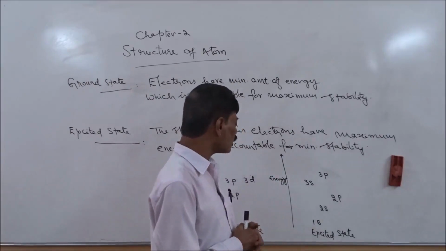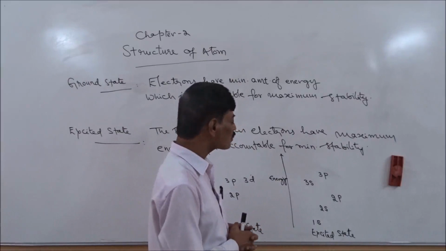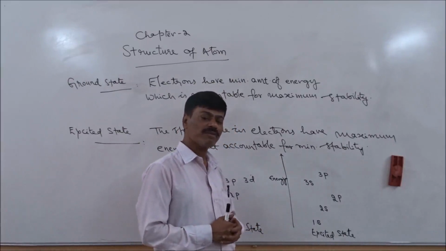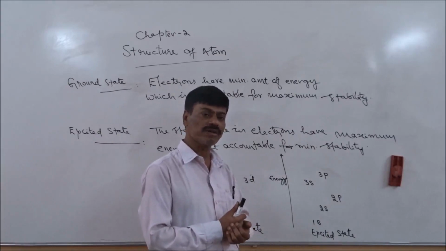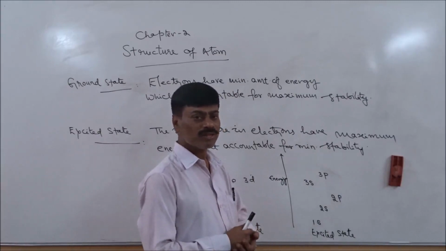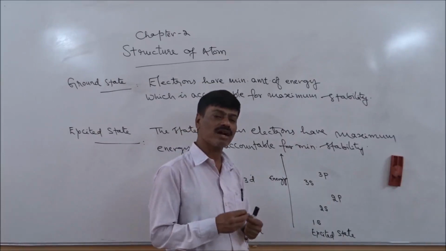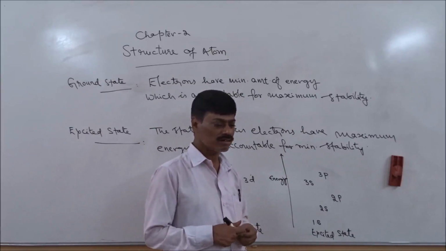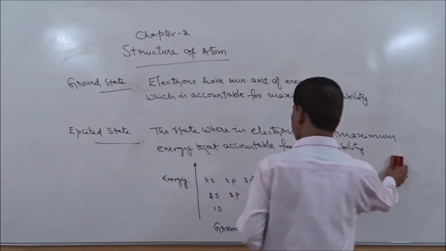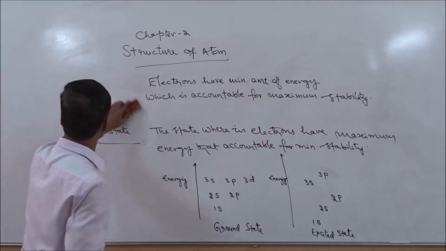In that way, the net energy possessed by the electron in concerned subshell of the main shell will become maximum. Then that state is said to be excited state. So in excited state, the energy possessed by the electron becomes maximum, which is accountable for minimum stability of the electron. That's about excited state and the ground state of electron.